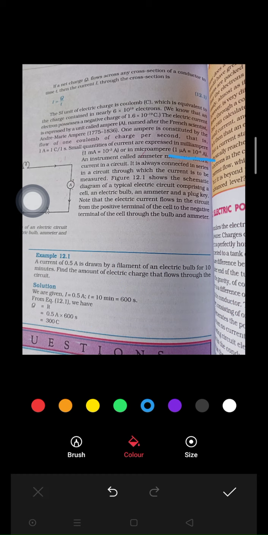Small quantities of current are expressed in milliampere. 1 milliampere is equal to 10 to the power of minus 3 ampere, and 1 microampere is 10 to the power of minus 6 ampere. An instrument called ammeter measures the electric current in a circuit.